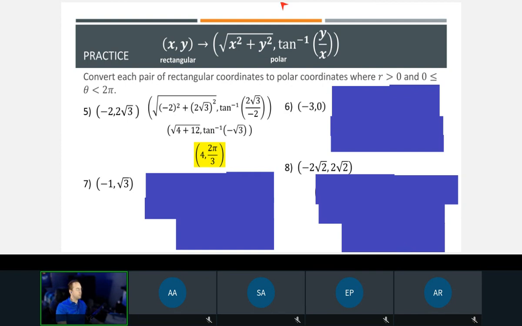All right, so go ahead and chat. Write down what your final answer is. 3 comma 0.